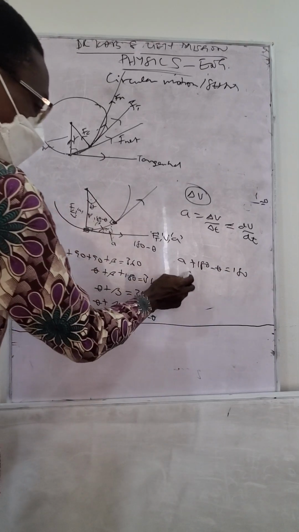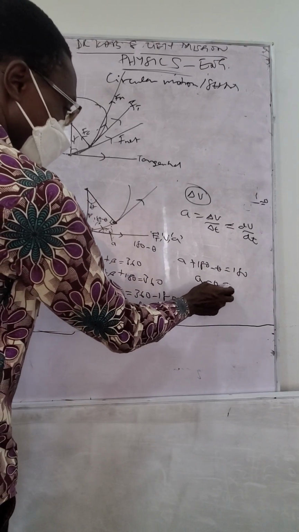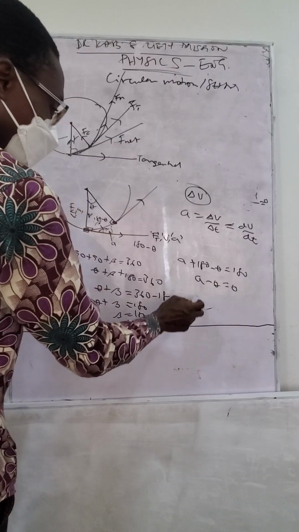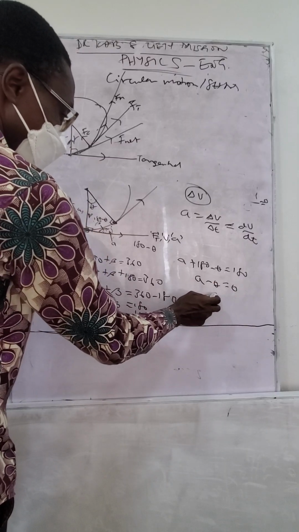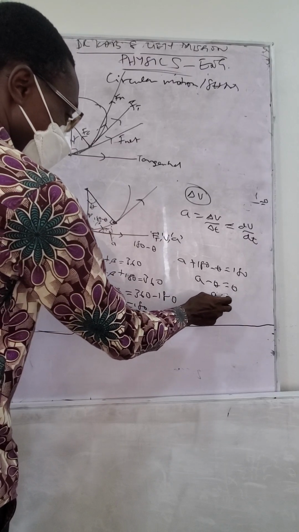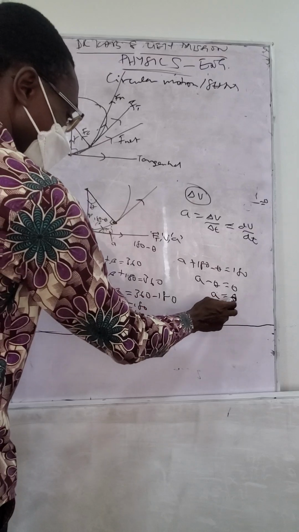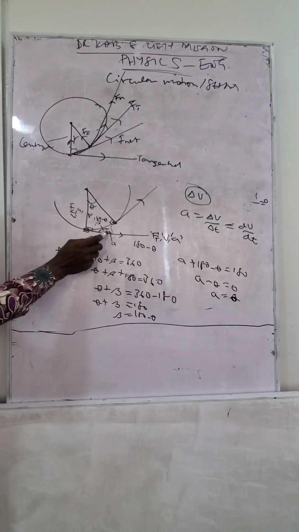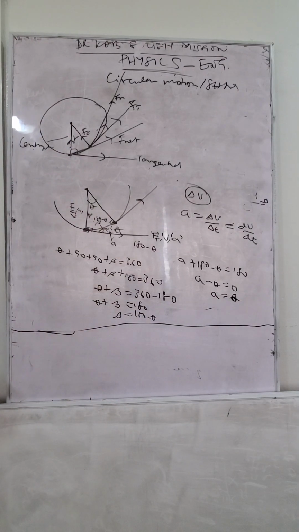What happens? A minus theta is equal to 180 minus 180. So you end up saying that A is equal to theta. This is what I want to do. So this angle is the same as theta. Okay? Good. Once we get this, we are good to go.